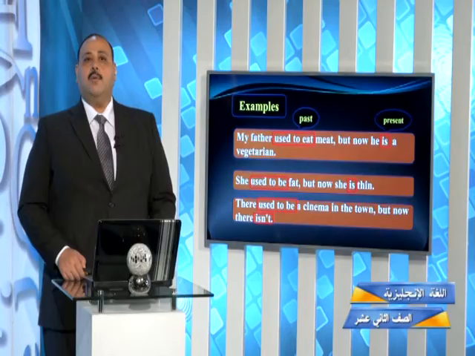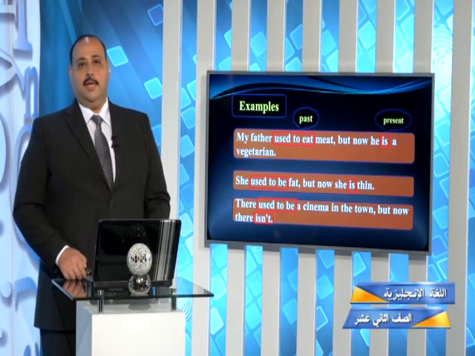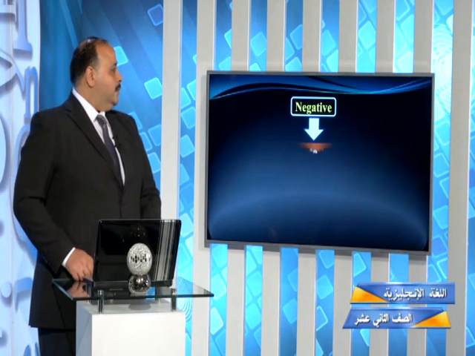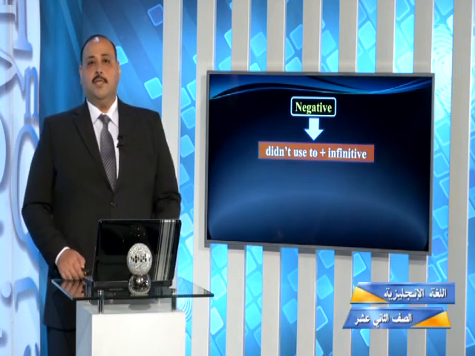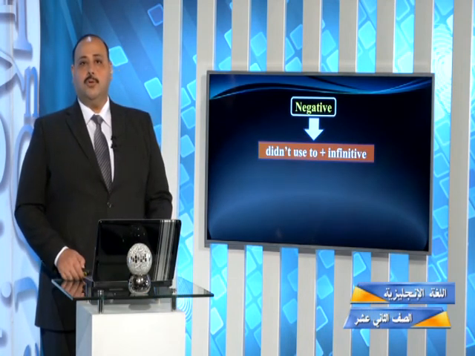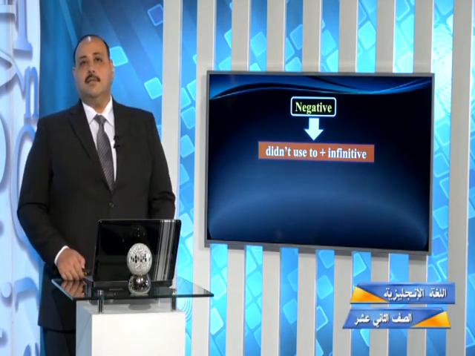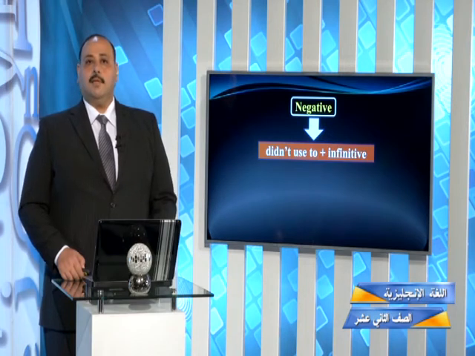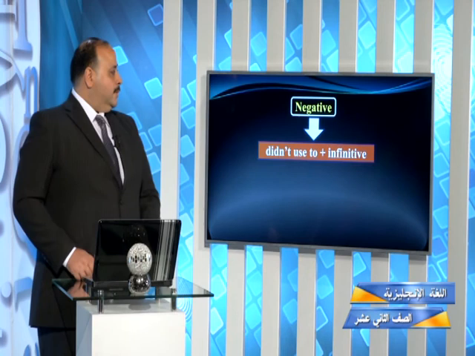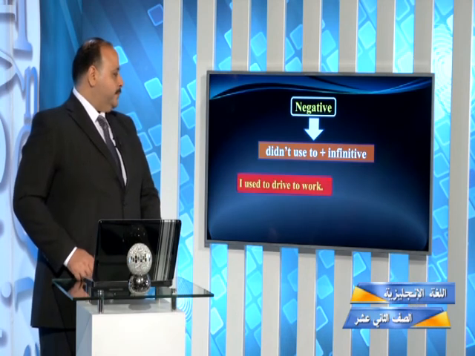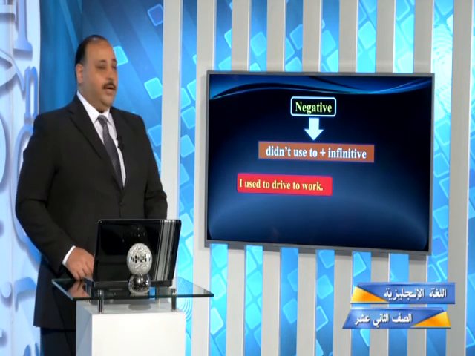Let's see how we change it into negative. Because used to is in the past, normally we should use didn't. But as you know, when I say didn't, you cannot say didn't used, but you say didn't use to plus the infinitive. Now let's have an example. I used to drive to work.